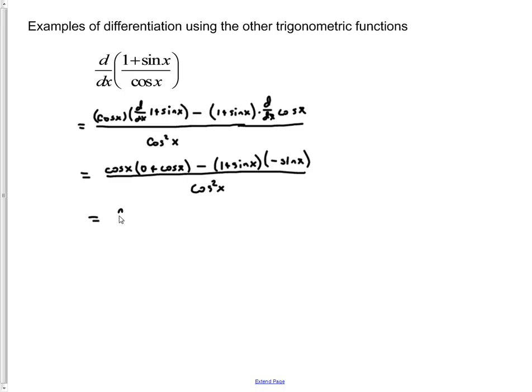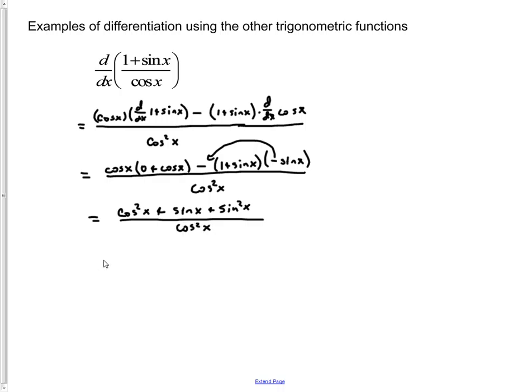Simplifying a little bit, I've got cosine squared x here. Let's see. This negative here can be multiplied by this negative here to give me plus sine of x times 1 plus sine of x, and this is over cosine squared x.